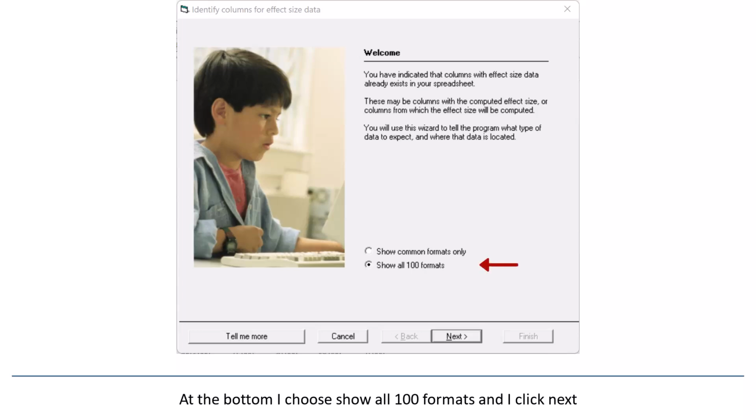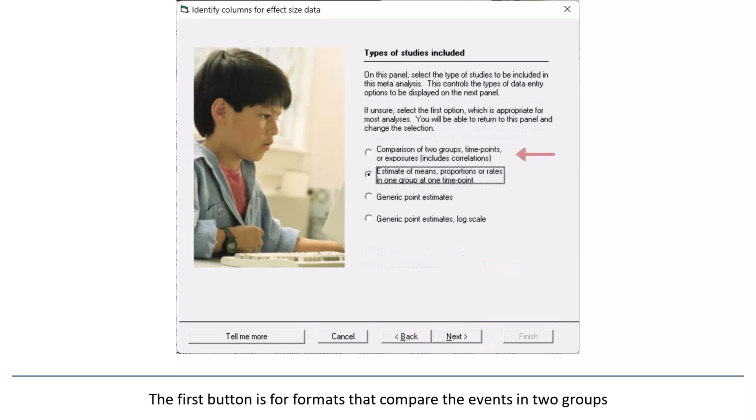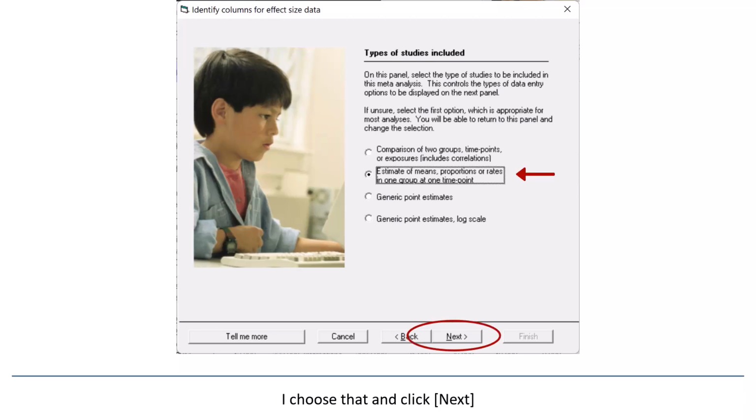At the bottom, I choose Show All 100 Formats, and I click Next. The first button is for formats that compare the events in two groups. The second button is for formats that report events or means in one group. I choose that and click Next.